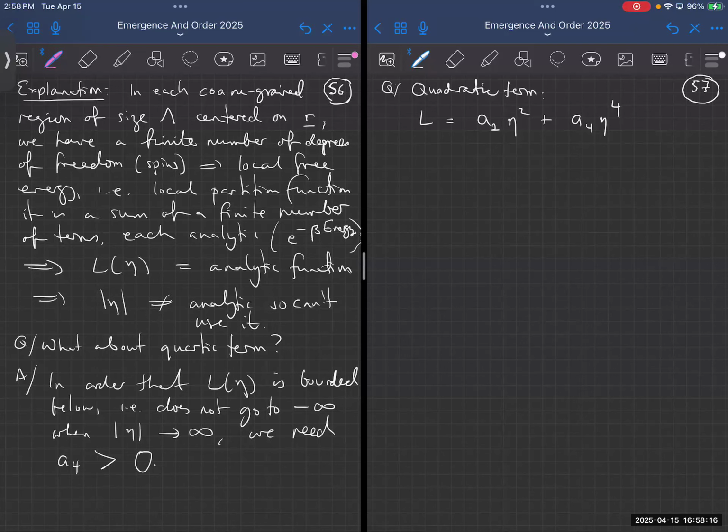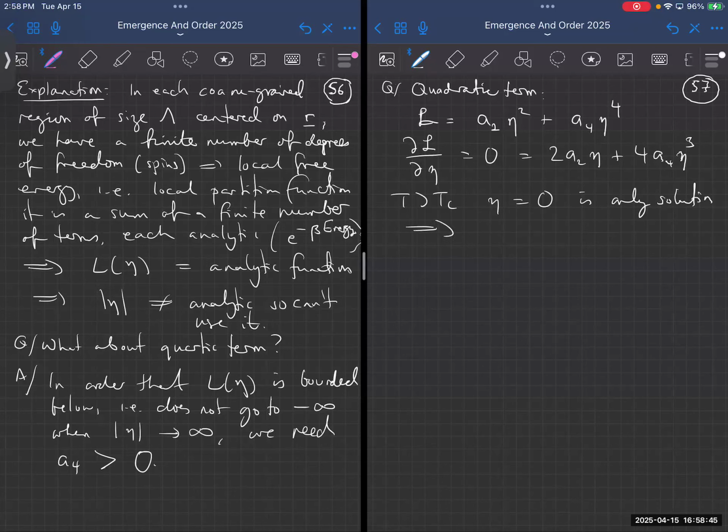That's all we have now. And we know that dL by d eta equal to 0 gives 2 A2 eta plus 4 A4 eta cubed, and that's meant to equal 0. So what we want is for T greater than Tc, eta equals 0 is the only solution. So that means that we need A2 to be greater than 0, and we'll see why in a minute. For T less than Tc, we want eta non-zero to be a solution.